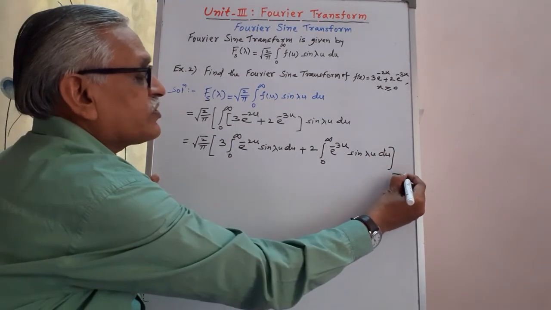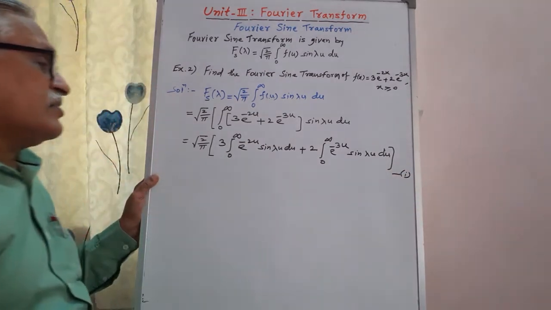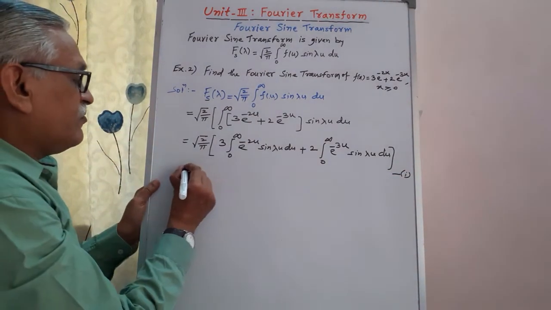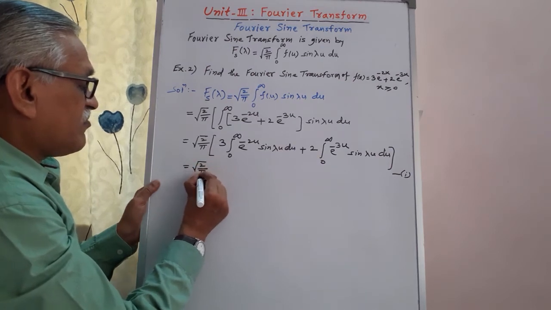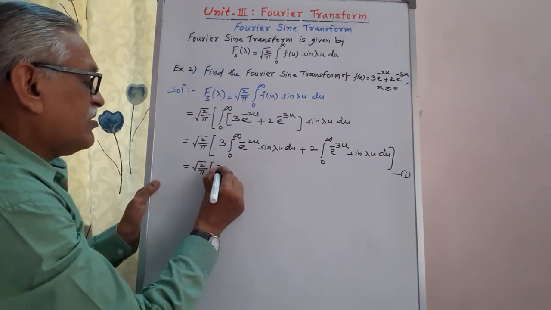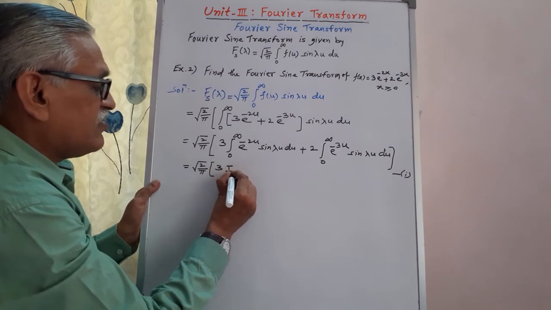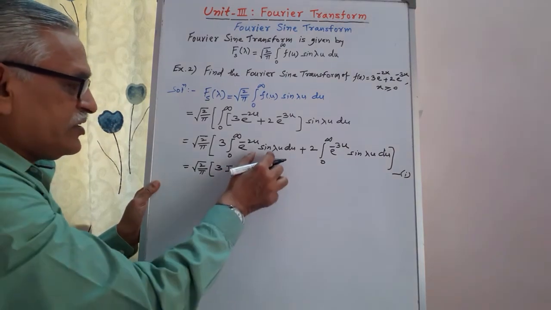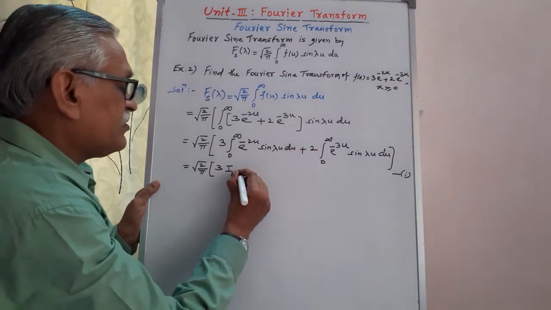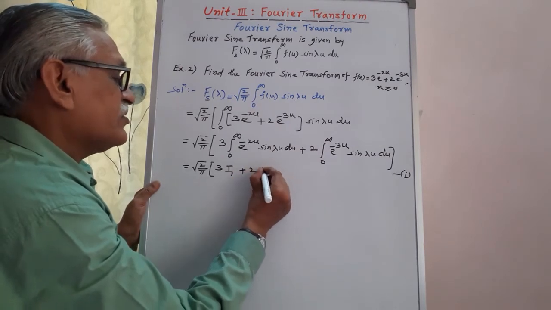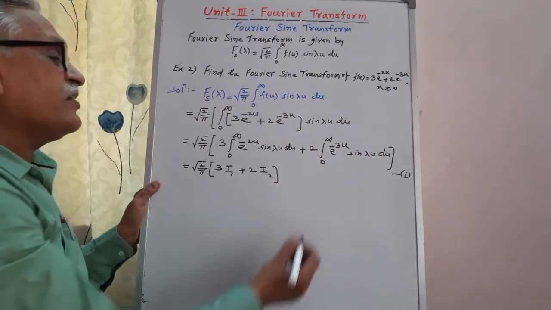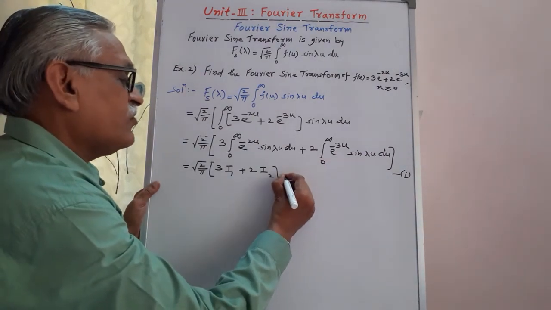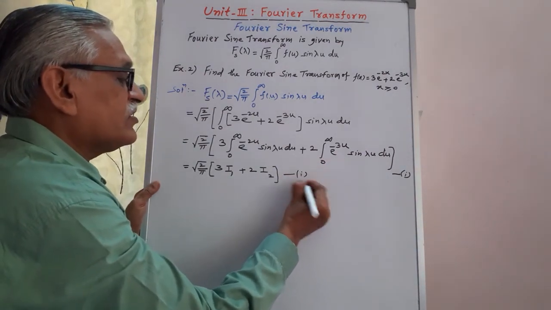We call this equation 1. We can write this as 3 times the first integral, we call this I1, plus 2 times the second integral, we call it I2.